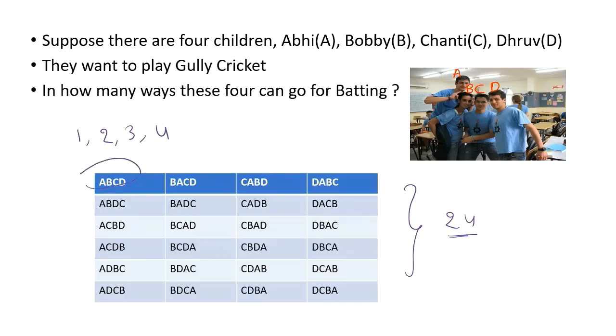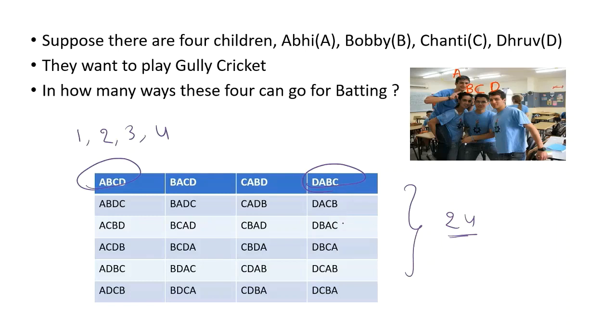By ABCD, what we mean is A, that is Abhi, is going to bat first, B, that is Bobby, is going to bat second, C, that is Chanti, is going to bat third, and D, Dhruv, is going to bat fourth. And by DABC, what we mean is Dhruv is going to bat first, Abhi second, Bobby third, and Chanti fourth. So there are 24 different batting options.